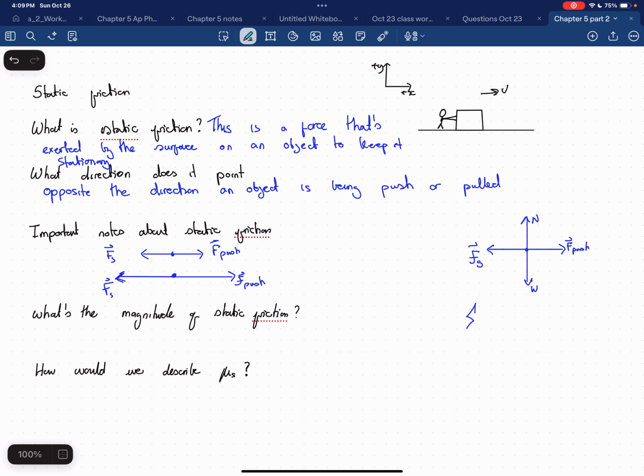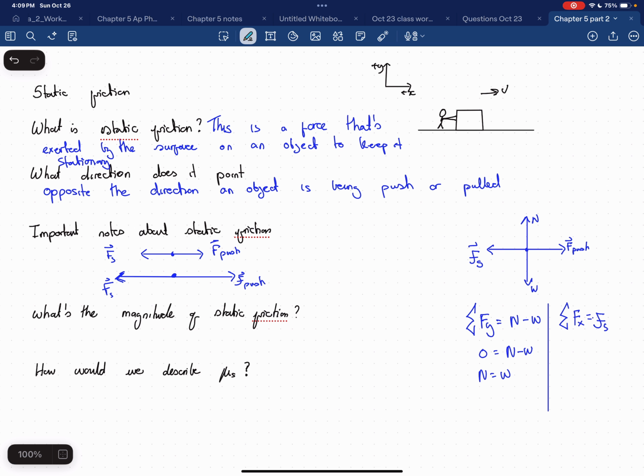So the sum of forces in y is 0, so N minus W is 0. I know my normal force equals my weight. Now, what matters here is the x direction, because we have something going on. It's very similar to the y direction, but I want us to pay attention to what's going on.